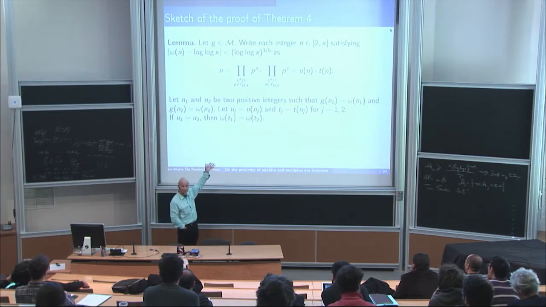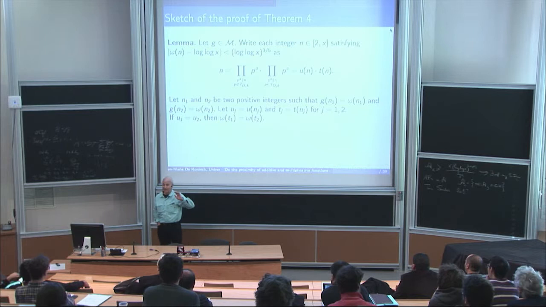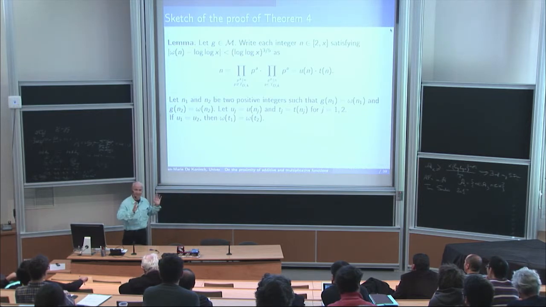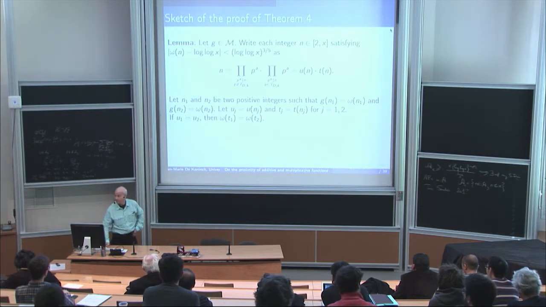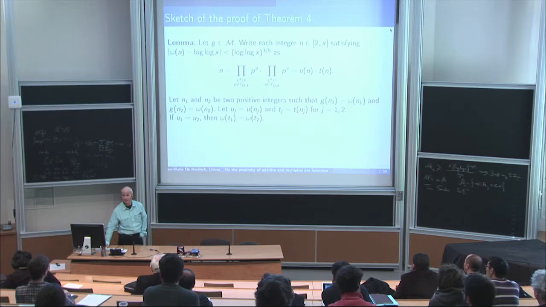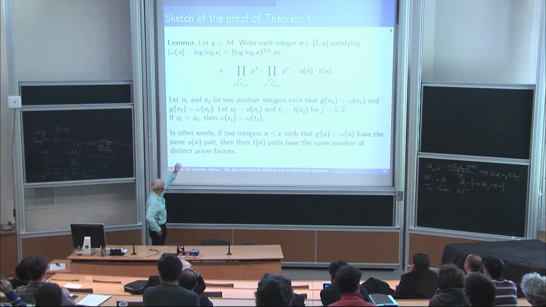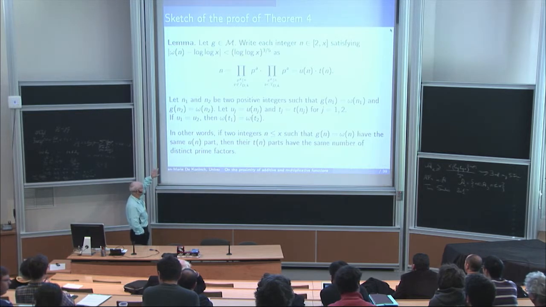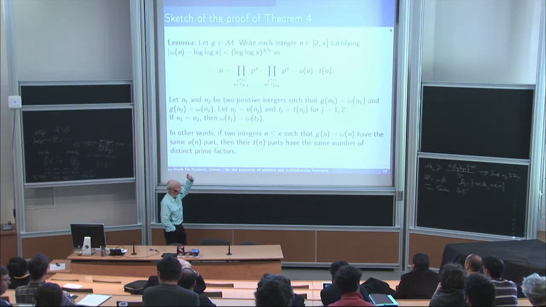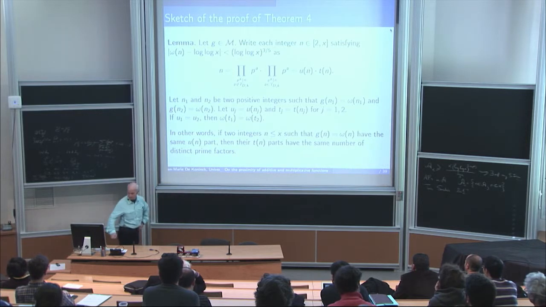They have the same number of prime factors. Okay, it's not obvious right there. I will go through the proof very quickly. You'll get the idea. The fact that omega of n is close to log x is crucial. In other words, I like to write this because it's easier to understand: if they have the same u_n part, then their t_n parts have the same number of prime factors.